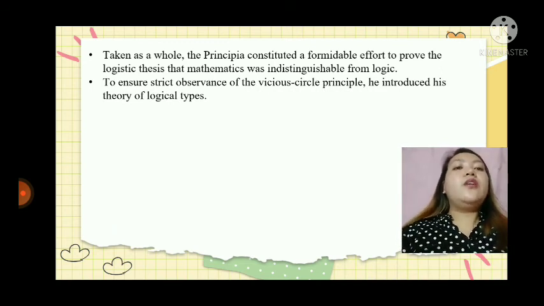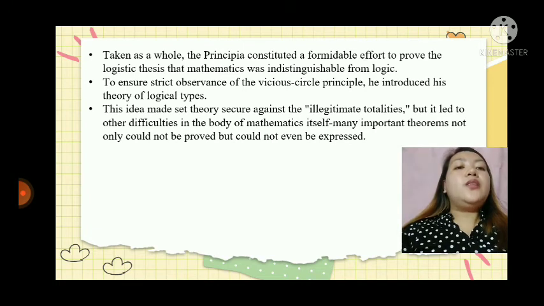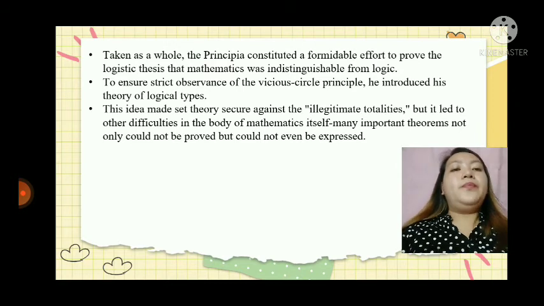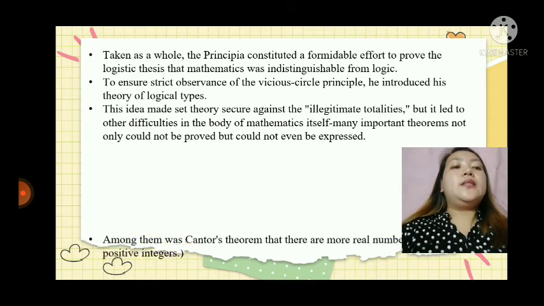To ensure strict observance of the vicious circle principle, he introduced his theory of logical types. This idea made set theory secure against illegitimate totalities, but it led to difficulties in the body of mathematics itself. Many important theorems not only could not be proved but could not even be expressed.